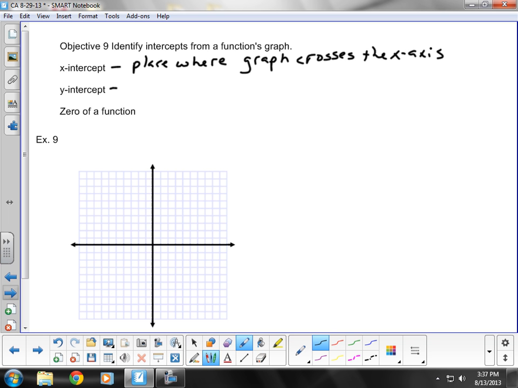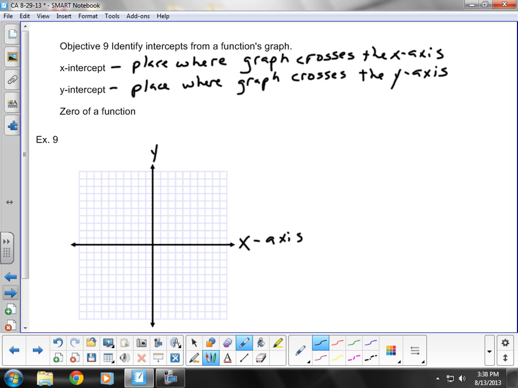And the y-intercept is the place where the graph crosses the y-axis. It's just that easy. Now, the only part I've ever seen anybody having trouble is sometimes they forget that this one's the x-axis and this one's the y-axis. If you can remember that, you're in good shape.